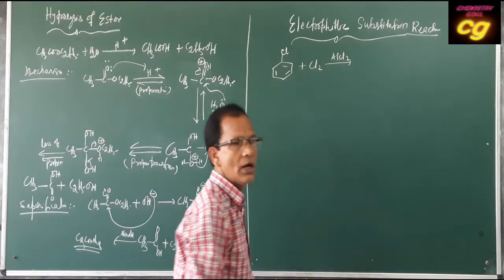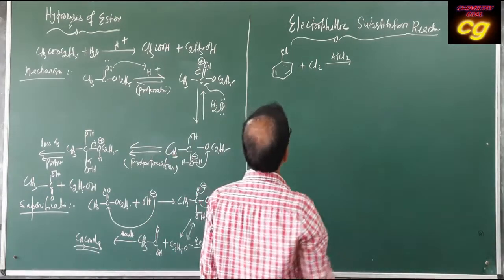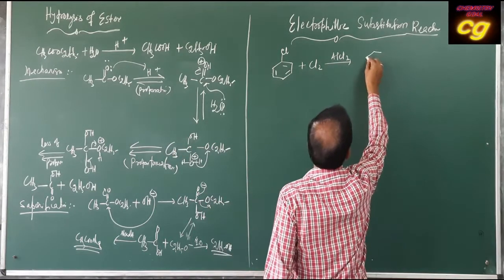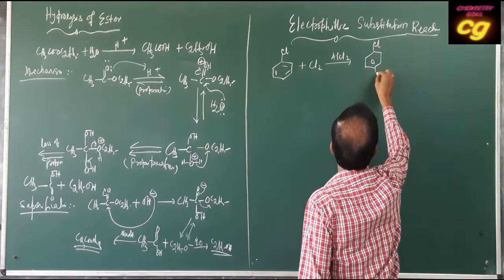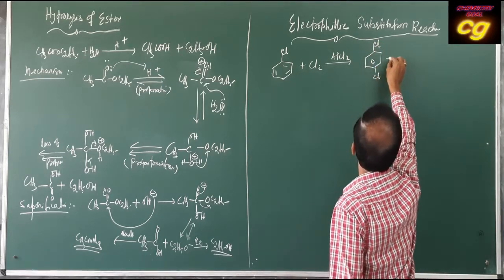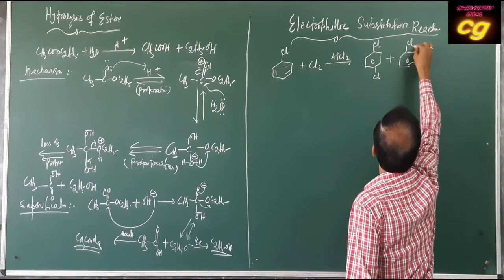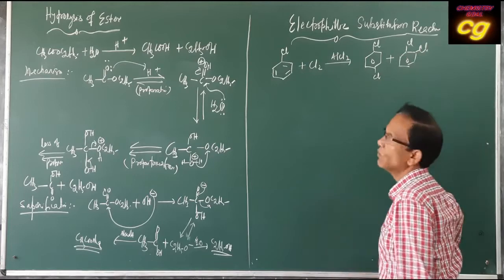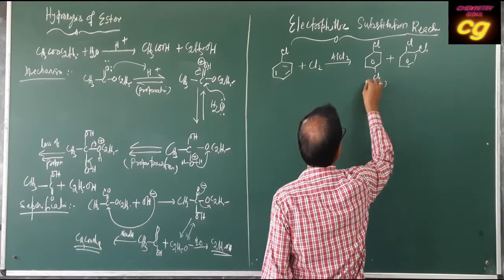This is called halogenation, electrophilic substitution. Your product is para dichlorobenzene plus ortho dichlorobenzene, and para is your major product.